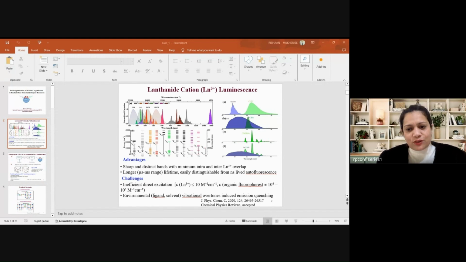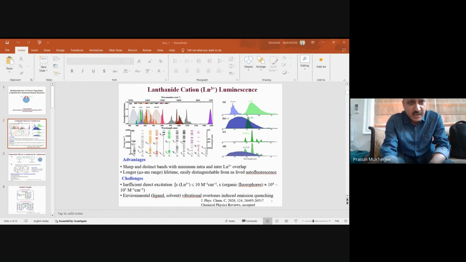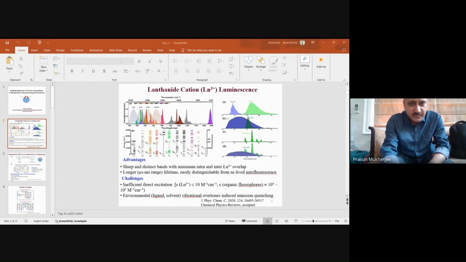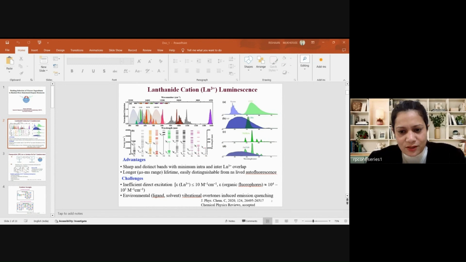Then the full screen will not be. No issue, sir, we can see it properly. Fine, then it is fine. So now you can see only the second slide, right? We can only see the second slide.